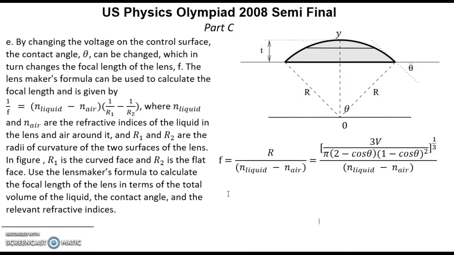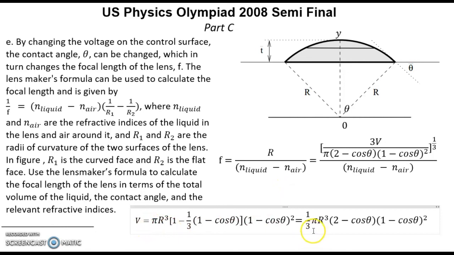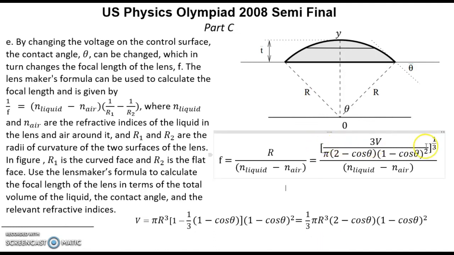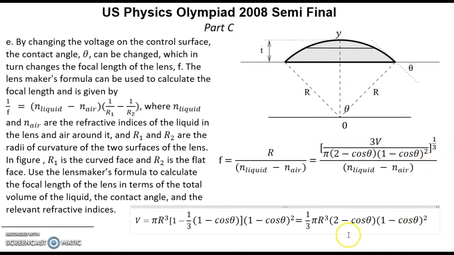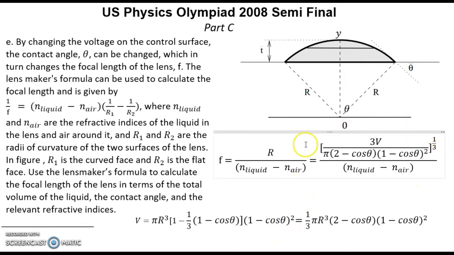And now we can express our radius through volume. For that we use this formula. Volume equals 1/3 pi r cube multiplied by this expression. And we can represent r through volume. That will be this numerator if we do proper calculations. And the final answer will be like this. That's the answer for question E.